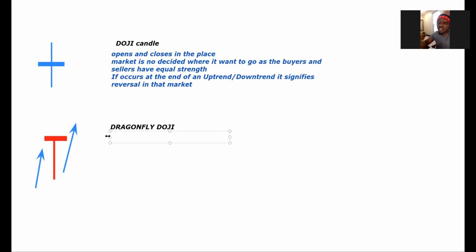It opens and closes at the same point, but it has a longer tail to the downside. So do not confuse it with the doji.